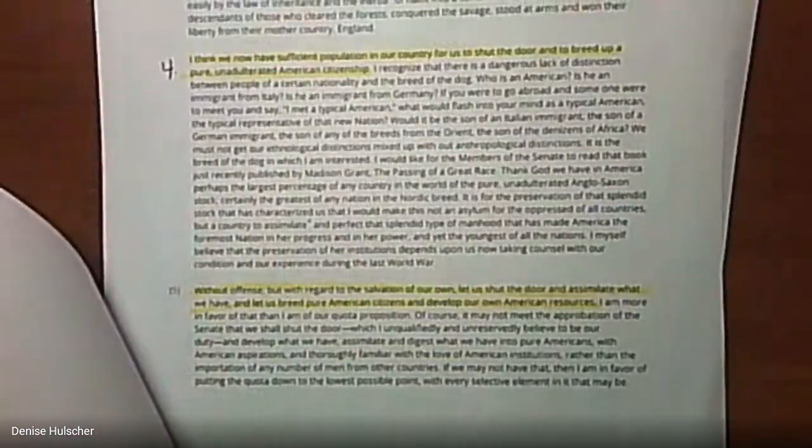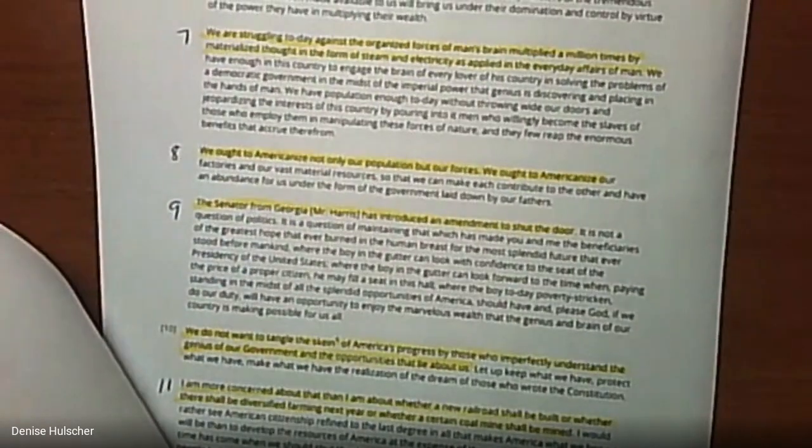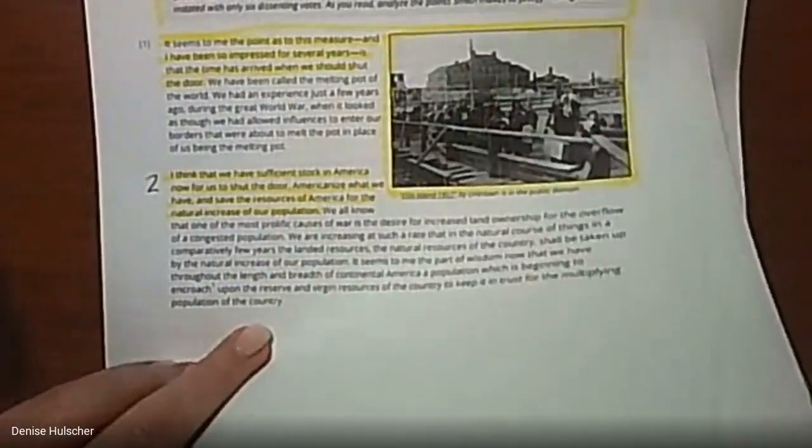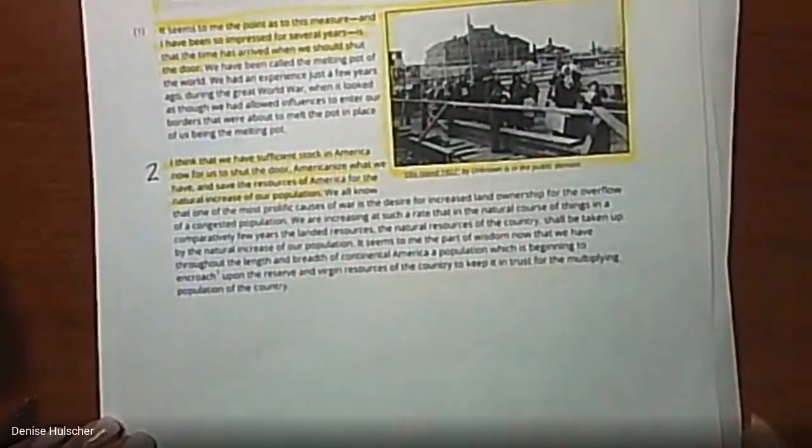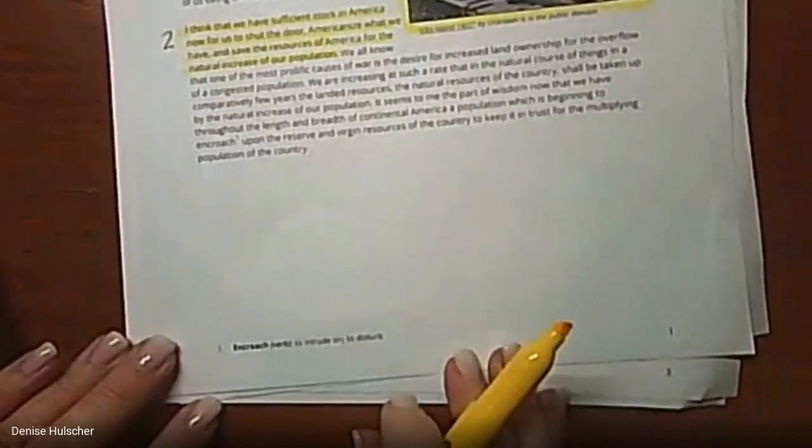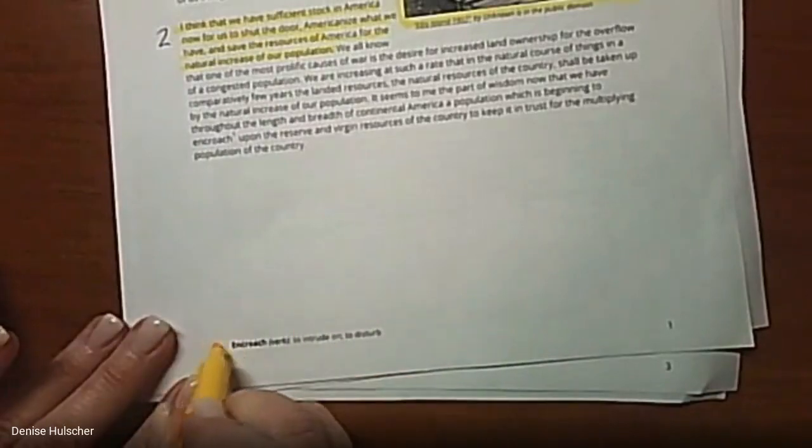And that's our only picture as I go back through and look at the text. And I didn't see any words that were automatically brought out as highlighting. But I do see down here that I've got some vocab.